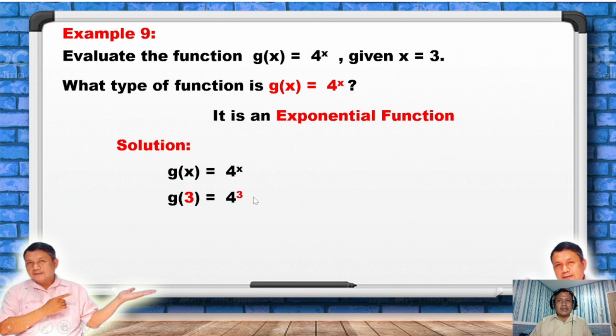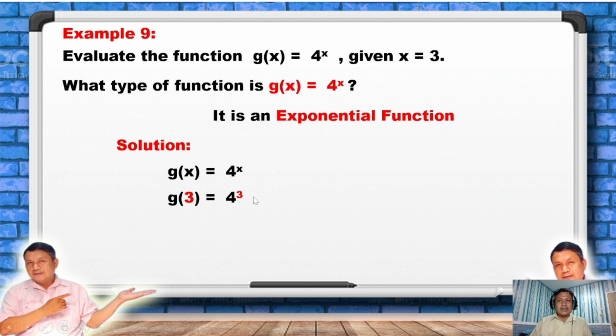Let us proceed to example number 10: evaluate the function h of x is equal to 5 times 3 raised to the x plus 1, given that x is equal to 2. What kind of function is this? Exactly, it is also an example of an exponential function.